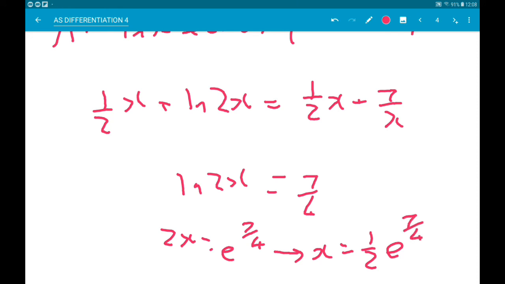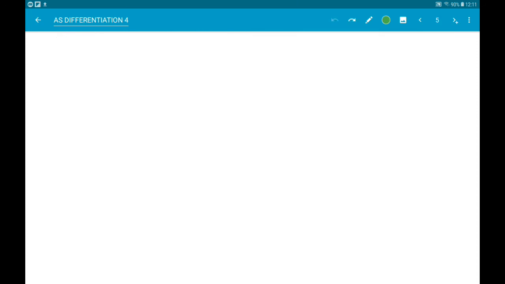Now we need to find the y coordinate. Now the easiest way to do that is to put our brand new x value into the equation of the normal. So we know the normal was 1/2 x add 7/4.